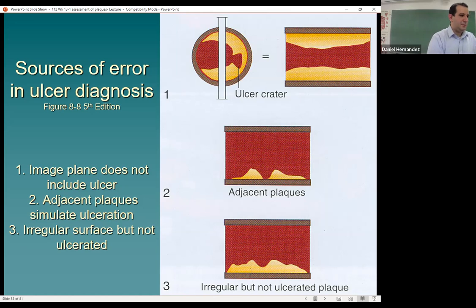So these are again some sources of error. There could be an ulcer crater, or adjacent plaques. In sagittal, we just see what looks like fairly smooth, whereas in actuality, this plaque has a large ulcer crater in it.